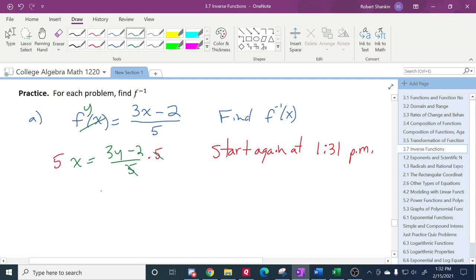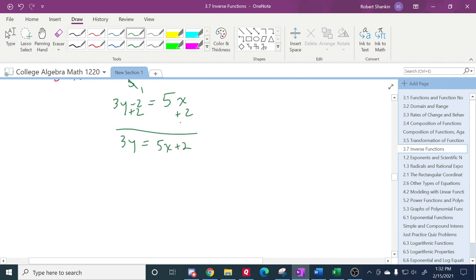These will cancel. I'll get 3y minus 2, and I'll just turn it around and get 5x. Then I'm going to add 2 to both sides, and then divide by 3.